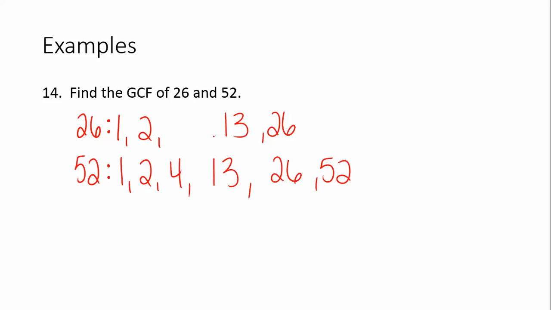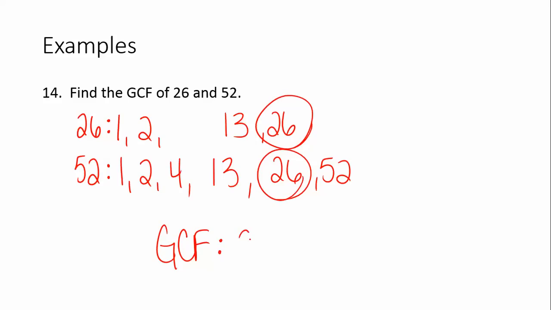So now we find the largest number in both lists, and it's 26. So the greatest common factor for 26 and 52 is 26. It divides evenly into both of them, and it's the largest number that does that.